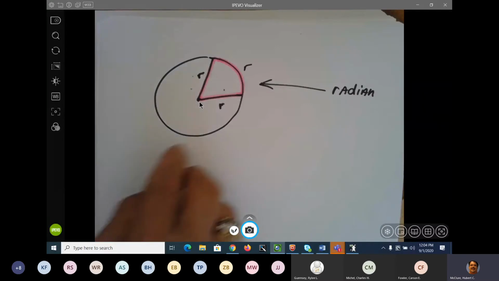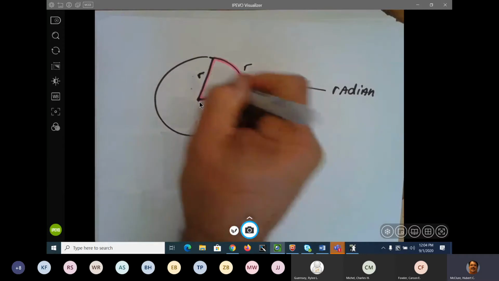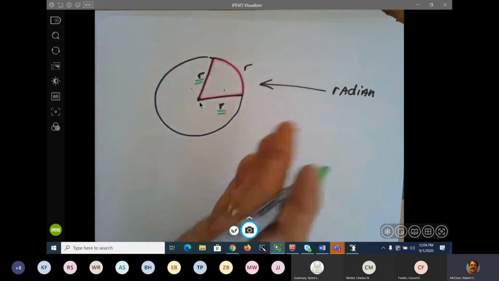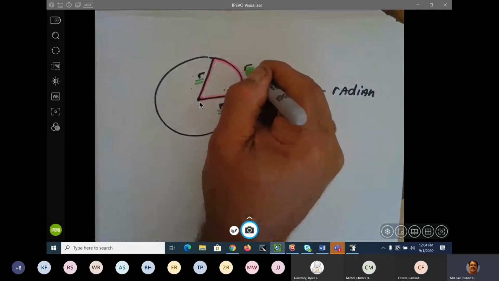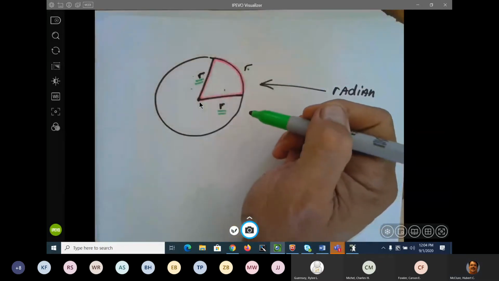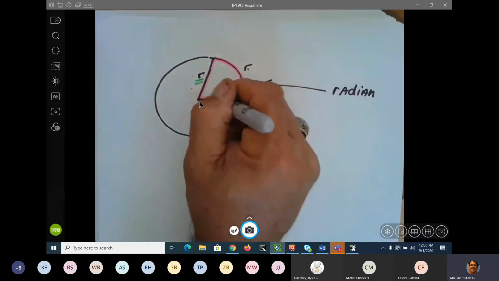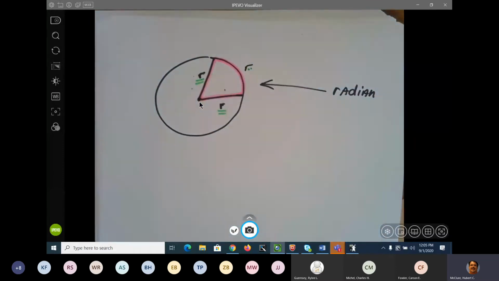Now the first 2 are not a problem. These 2 are easy, but you have to put these 2 in the precise place to get this R to equal these 2 R's. This angle is a certain angle where these 2 R's will equal that R. That's a radian.